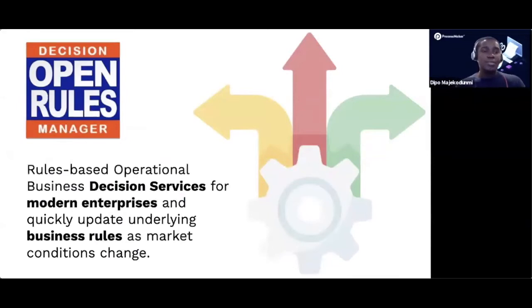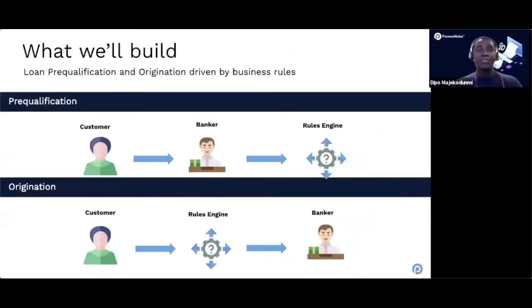The process we're going to be building is taken from a sample on the OpenRules project, and we're building a loan pre-qualification and a loan origination process. So the pre-qualification process starts with the customer.